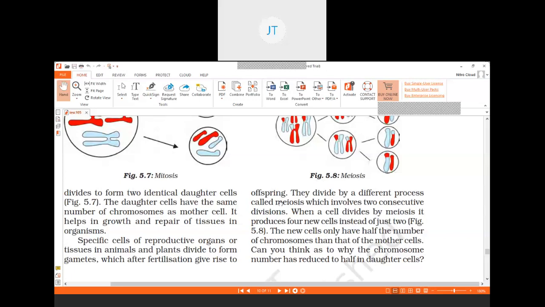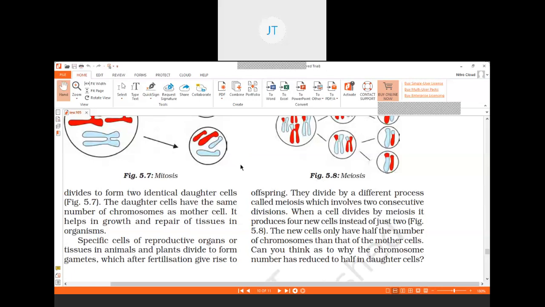Okay, why do these things happen? We all know, if the gamete cell number is half, then during the process of fertilization, half the chromosomes of the sperm and half the chromosomes of the ovum fuse. Okay, and whatever zygote forms, that zygote has the total same number of chromosomes that the parents have.